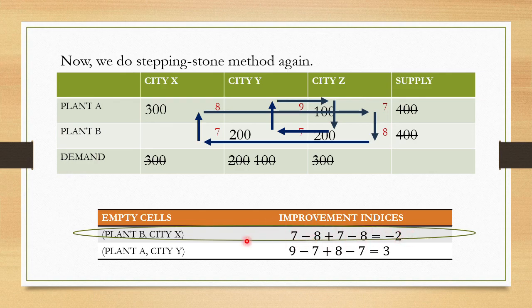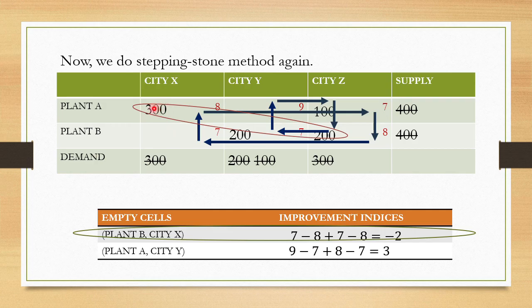When we computed the improvement index negative 2, we had negative signs on negative 8 and negative 8 right here. These negative signs correspond to the cells 300 and 200. So let's put these numbers inside the oval, as this signifies that this is where we will move boxes of toys.